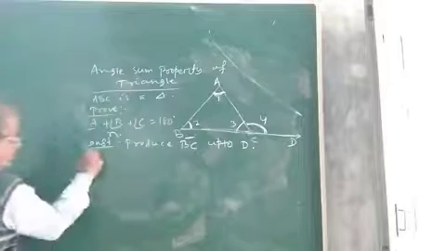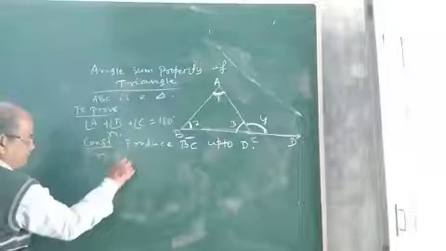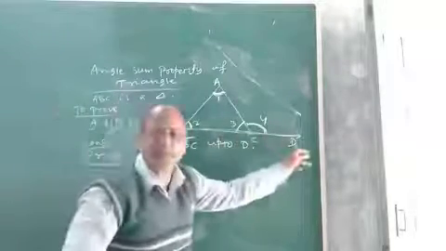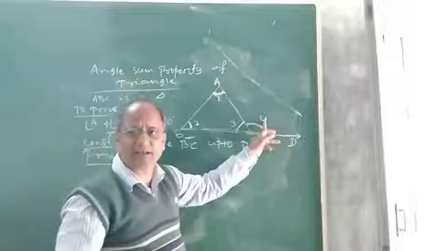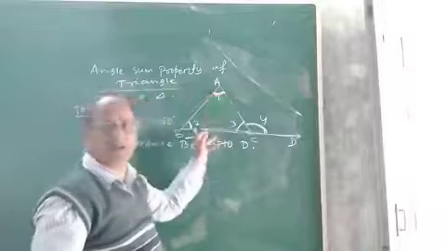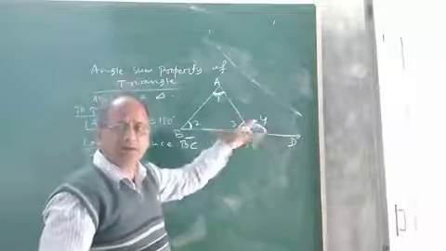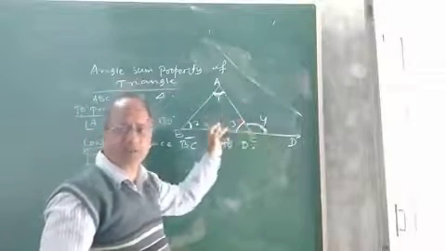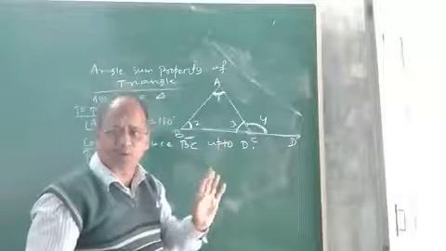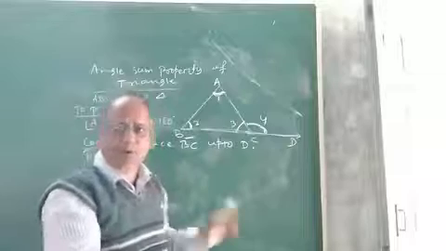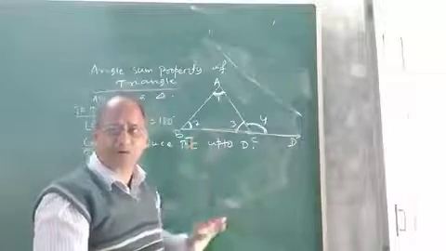Now let us come to the proof part. So when we produce BC up to D, as I just told you, this angle 4 is what angle? Exterior, and these two are interior opposite. So the relation between an exterior and interior opposite angles is what? Exterior angle is always equal to sum of the interior opposite angles. So that property we have to apply here in order to prove this particular truth.